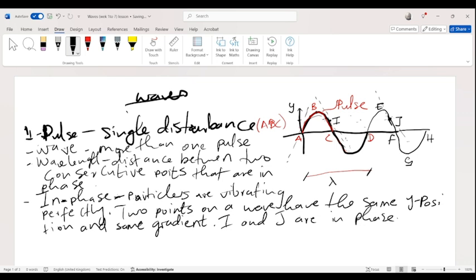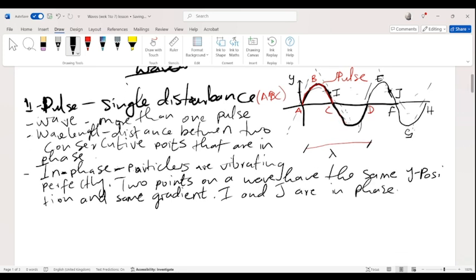If you draw the slope, they're going to have the same slope, the same slope that you're going to find at H. So A, D, and H are in phase. Now we know what the term in phase means.